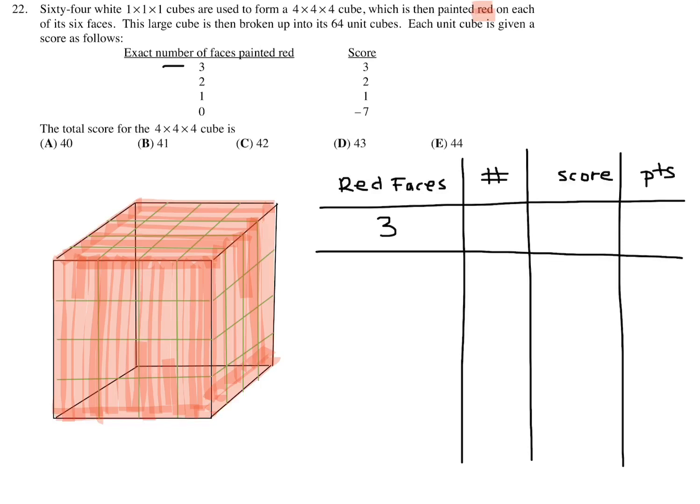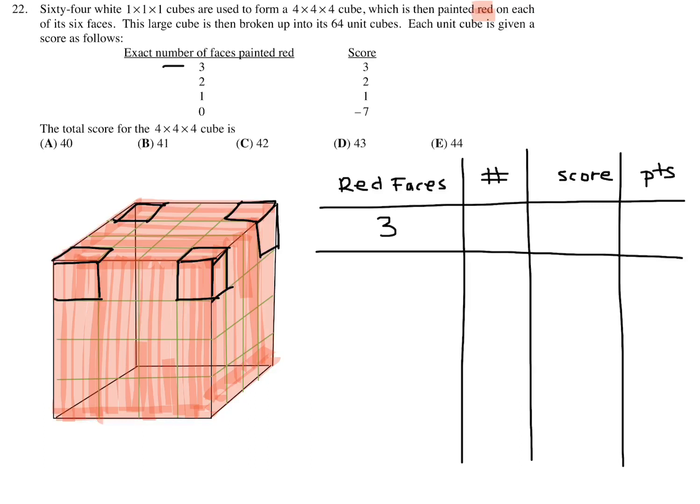Well, let's look at this. Immediately I see that the corners, see this guy right here? This corner will have 3 red faces, and therefore all the corners will have 3 red faces. So how many corners do we have? We have 1, 2, 3, 4 on the top, and 1, 2, 3, 4 on the bottom, right? These guys are the corners.